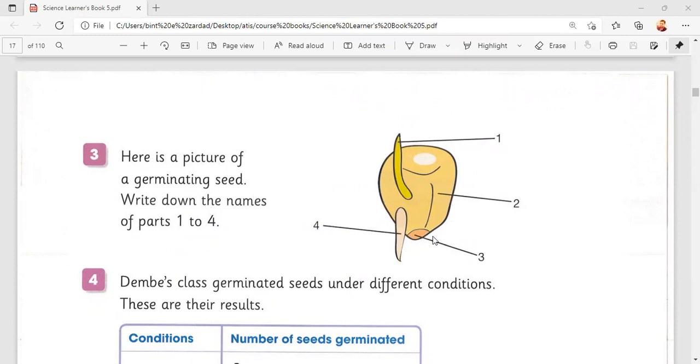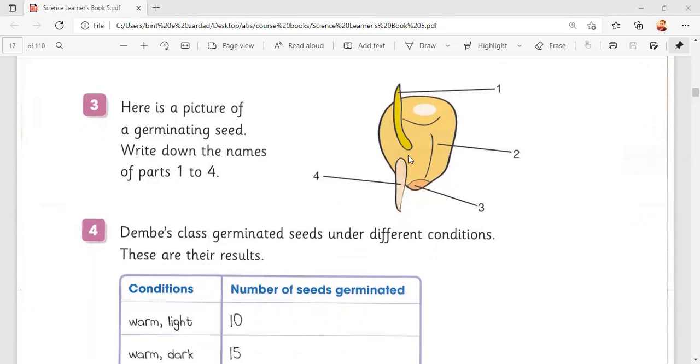This is the scar, where it was joined with the new plant. Again: first shoot, first root, scar.